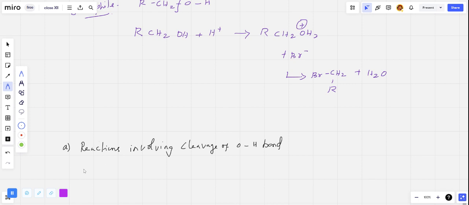Under this heading, the cleavage of the OH bond means it can act as a nucleophile. Okay, so it is a nucleophile. So the first reaction is acidity of alcohols and phenols.